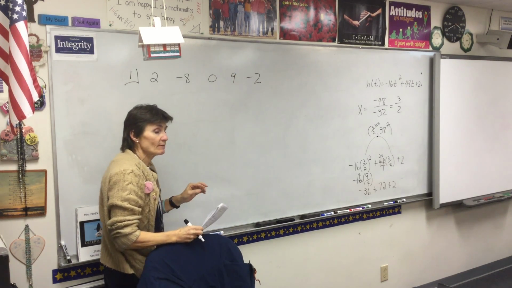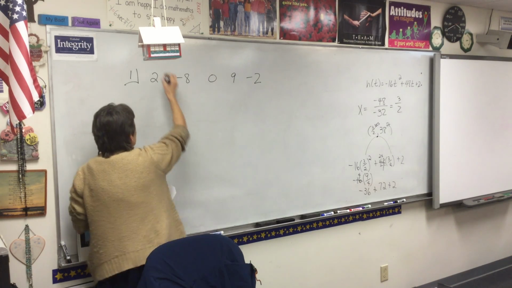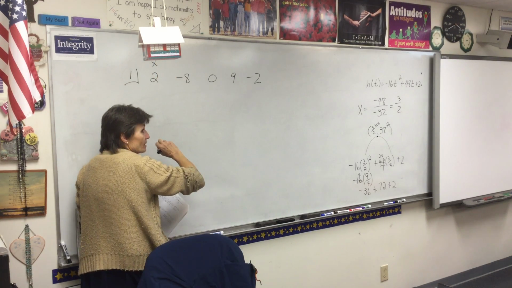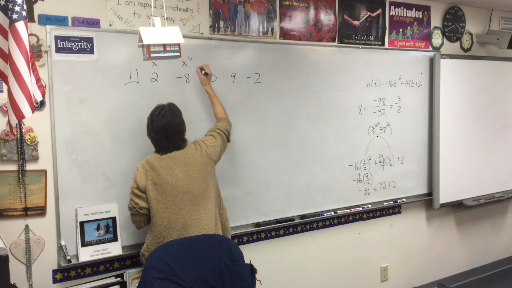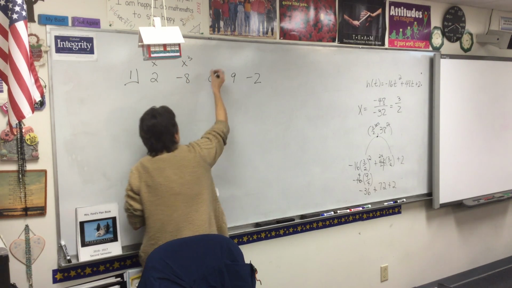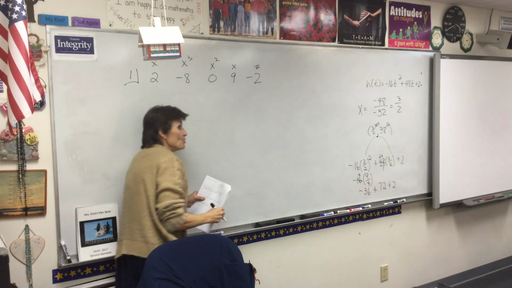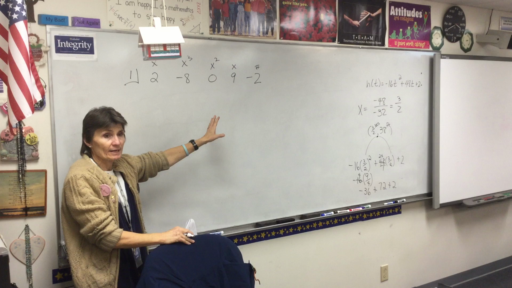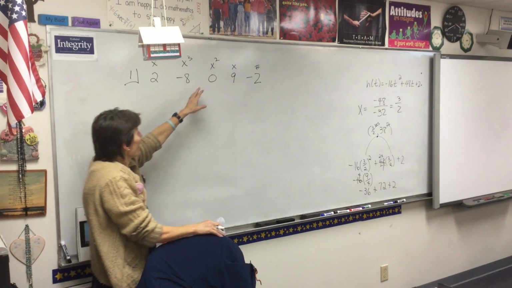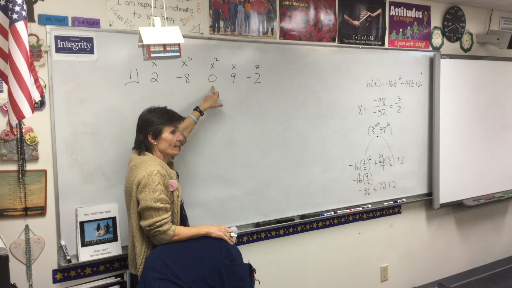Kids, when you do synthetic division, if you are starting with x to the 4th, then you have got to have a spot for x cubed, x squared, x, and number. You have to have all of those in your synthetic division. So we had one missing, so we just fill in a 0.